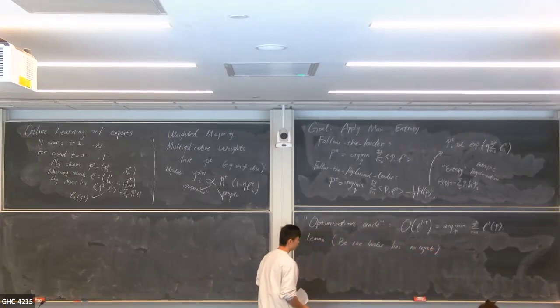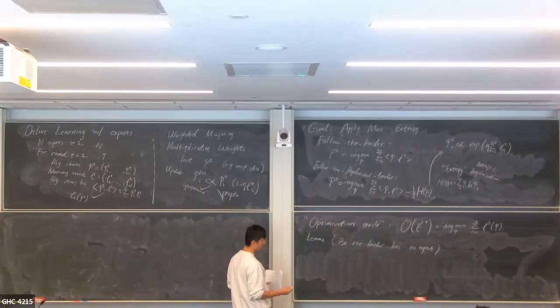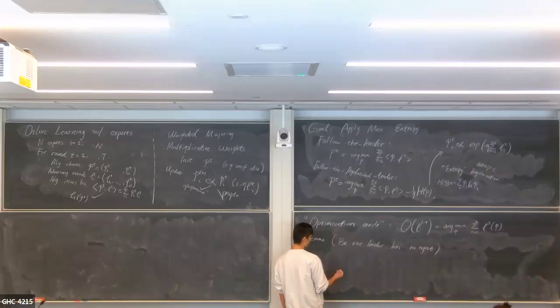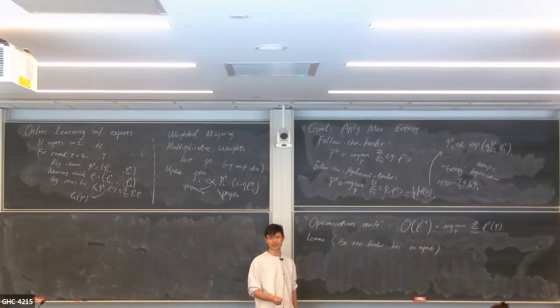Let me write it in mathematical form, and once you stare at it, it will make sense. So what is be the leader? Be the leader means you actually get to see the loss of today. It is cheating. It's not following this pseudocode.